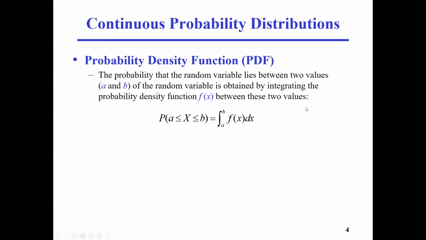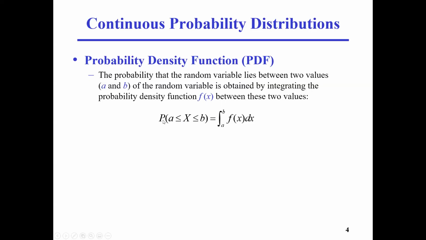In other words, when we have a PDF and we want to know the probability of the value of a random variable being between A and B, we need to do calculus based on this PDF.